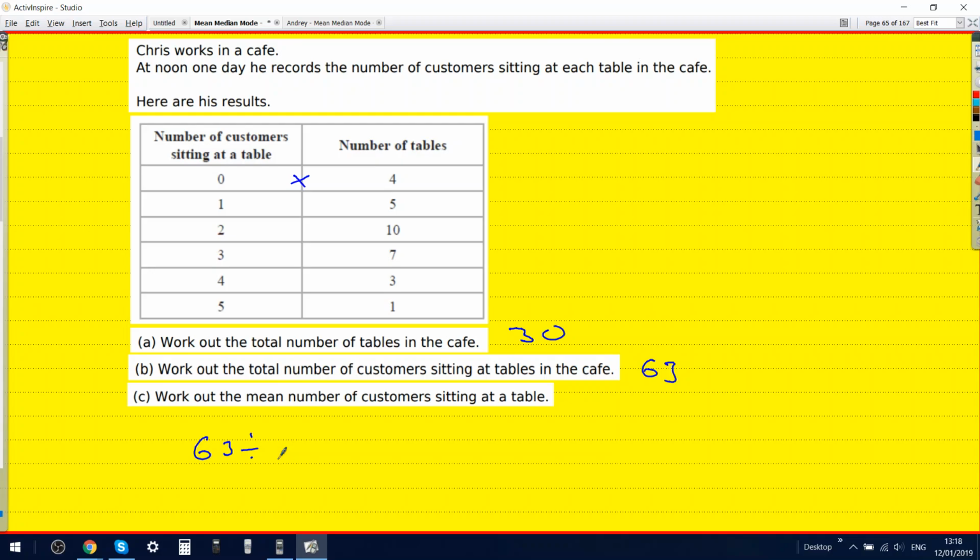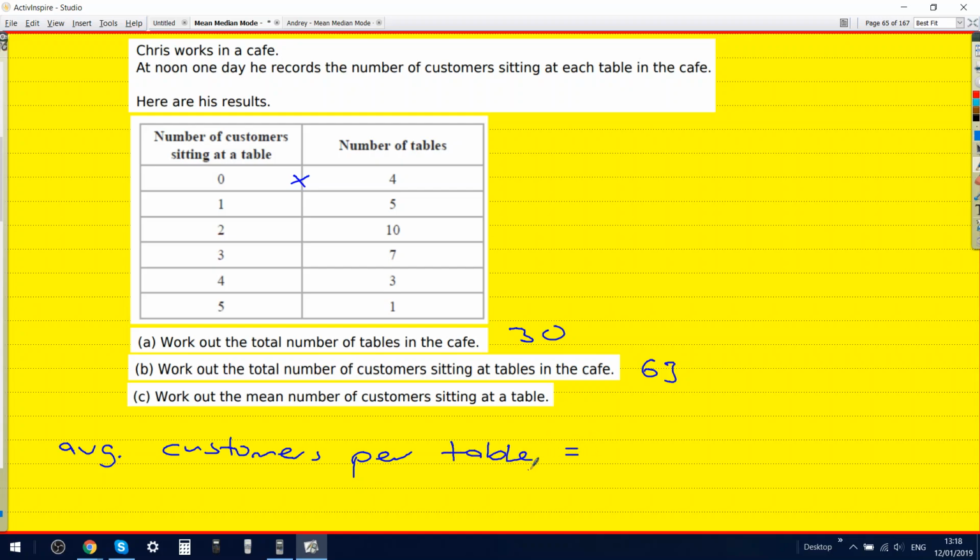I'm getting confused over the category bit. So mean is a type of average. Yeah. So you want average customers per table. Per means divided by.